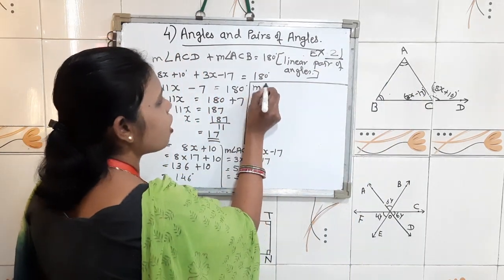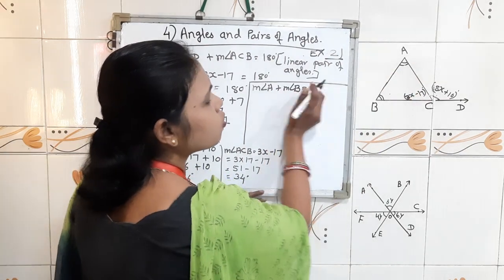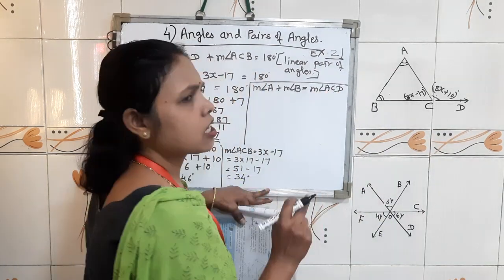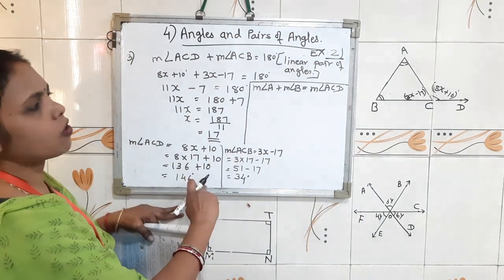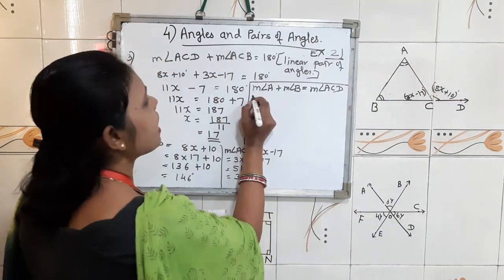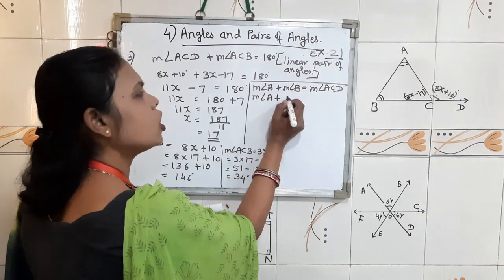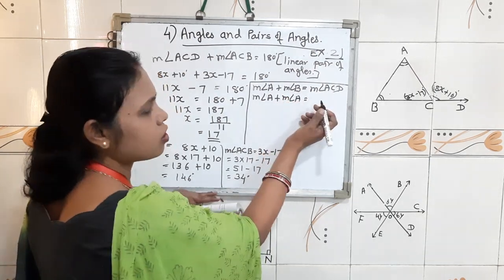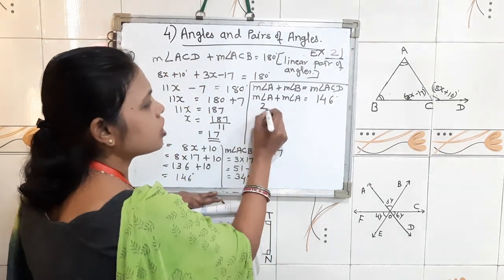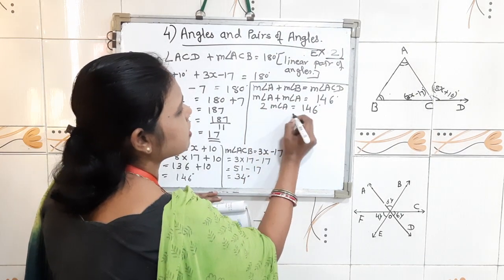Now your next question, that is angle A and angle B. So measurement of angle A and B equal to exterior angle, measurement of angle ACD. As we know, ACD is 146. So children, both are the same. Therefore you write down measurement of angle A in the place of angle B, you write same only because both are same only. Addition of both these two angles, A equal to 146.